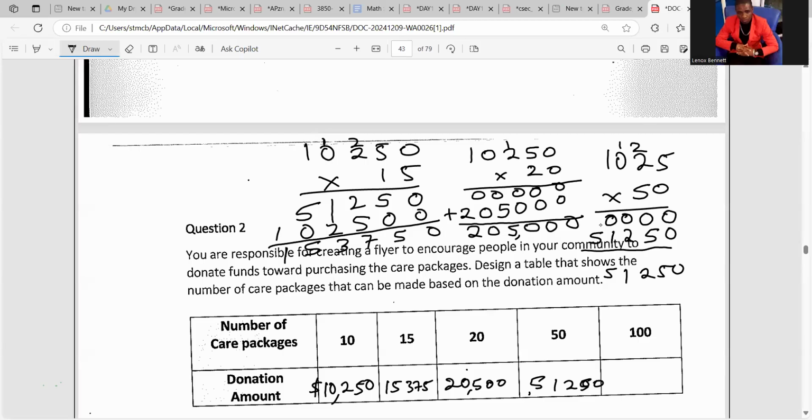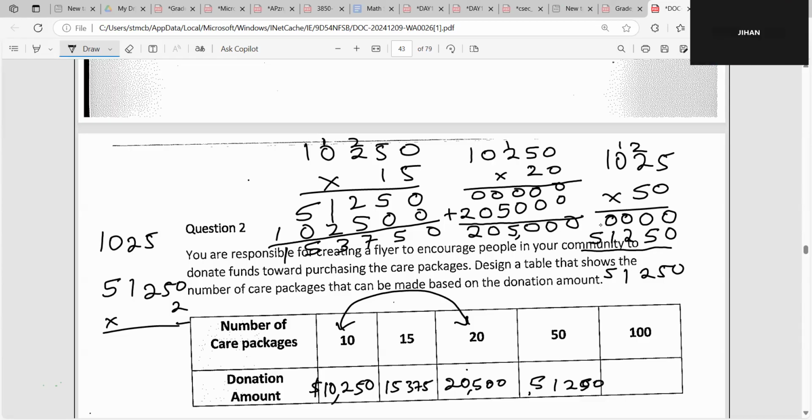All right. What about 100? Now we can do 1,025 times 50, but we can also do 51,250 times 2. You know, I was listening for you guys to say that a long time from here. I was saying, nobody said that. All right. Good job.